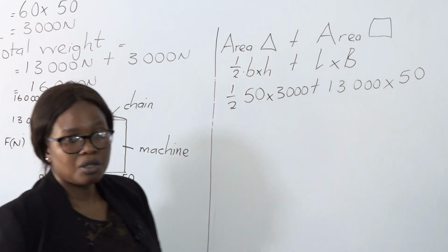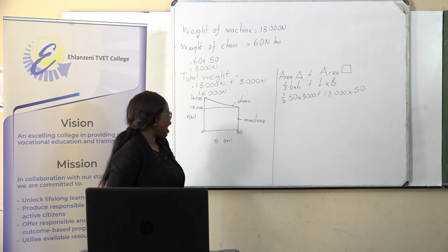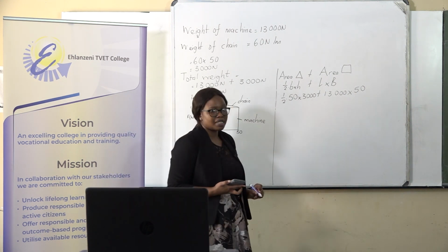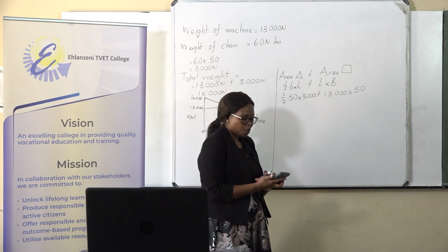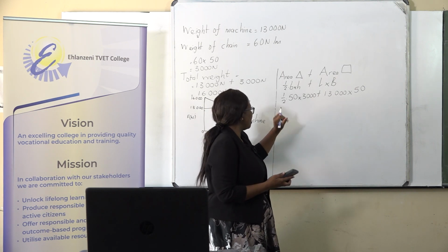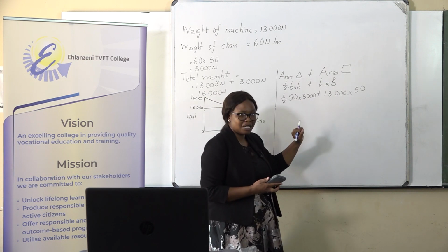Then let's work it out. Let's calculate half base times height. Half times 50 times 3,000. Let's punch it on our calculator. What do we get? Here, half 50, which is 25, times 3,000.